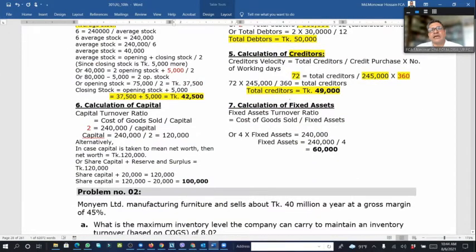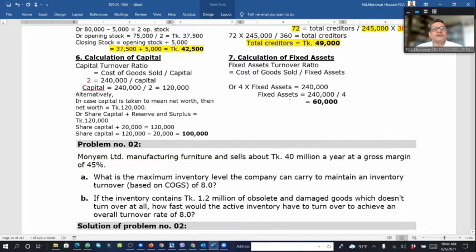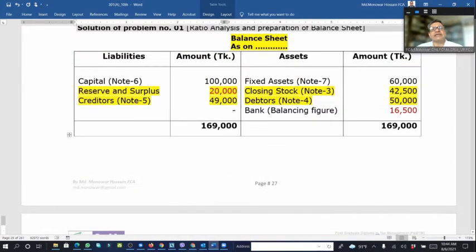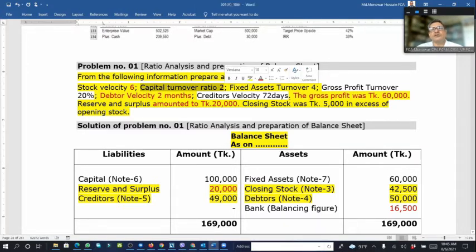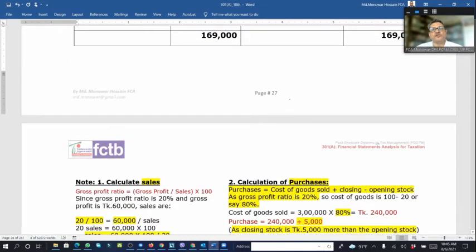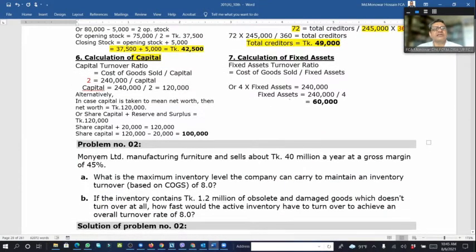Now come to capital. Capital turnover ratio, as given in your question. Look here, what is the capital turnover ratio? This is capital turnover ratio 2. So this 2, if we put here, capital turnover ratio, you know it, equals cost of goods sold divided by capital.